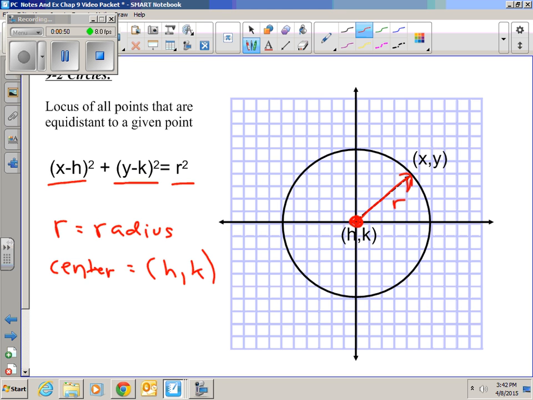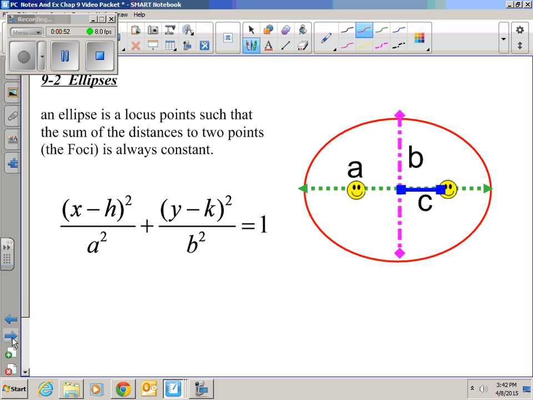Let's go on to ellipses. Ellipses are a little bit more complicated. Ellipses are circles that are stretched out a little bit. They're ovular. An ellipse is a set of all points such that the sum of the distances to 2 points, which we call the foci, is always equal. So in other words, on my ellipse, let me change colors here.